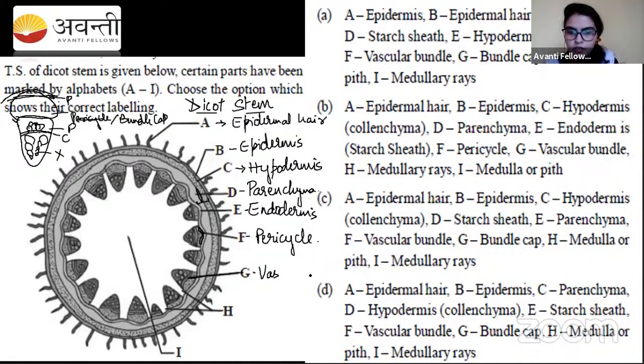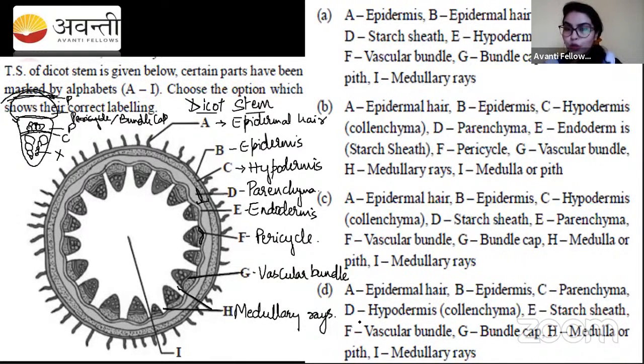So this is your vascular bundle. Now this is H. H is the mass of cells in between the vascular bundles. These are called medullary rays, which actually help in secondary growth.